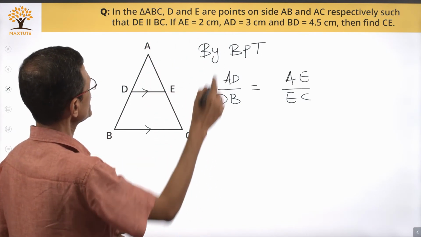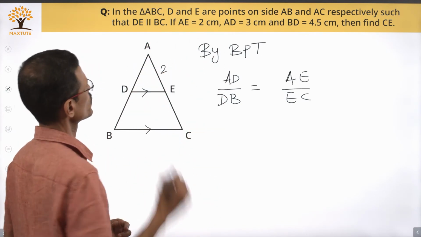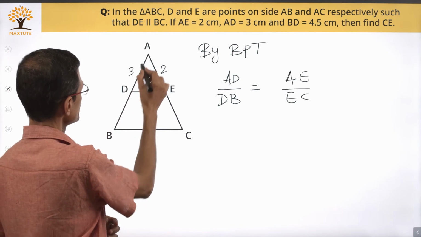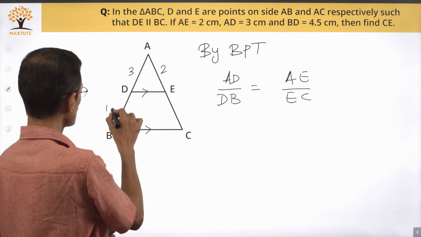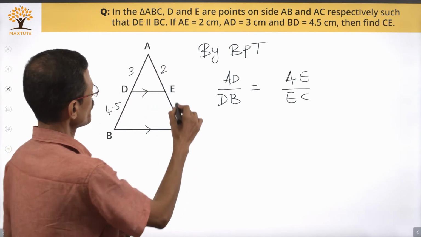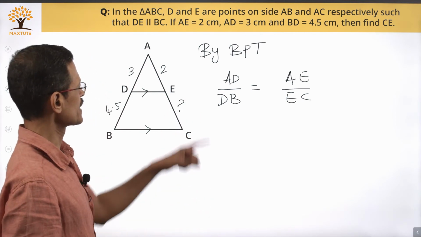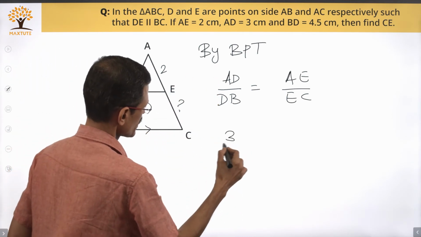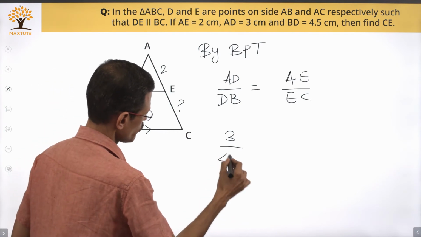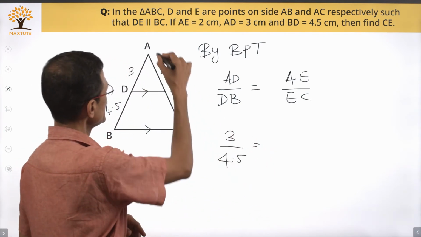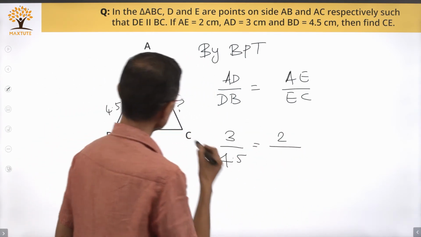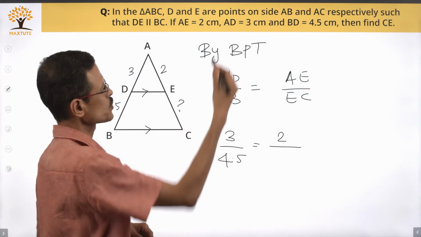It says that AE is equal to 2, good. AD is equal to 3, BD is equal to 4.5. What we need to find out is the measure of EC, right? AD known, which is 3, DB or BD is equal to 4.5, again given, AE is equal to 2, that's given, EC is equal to CE, which is what we are trying to find out.